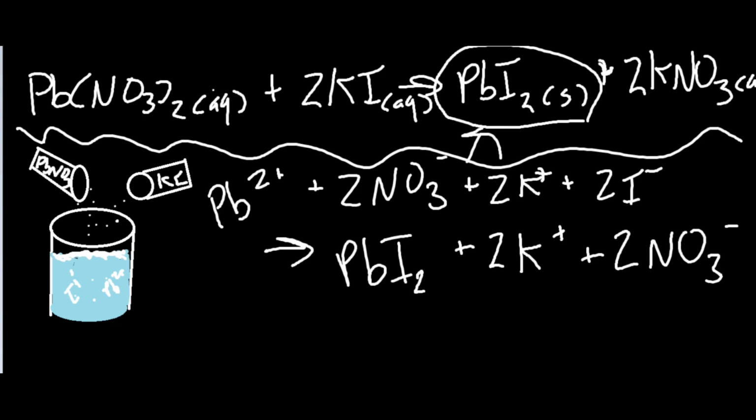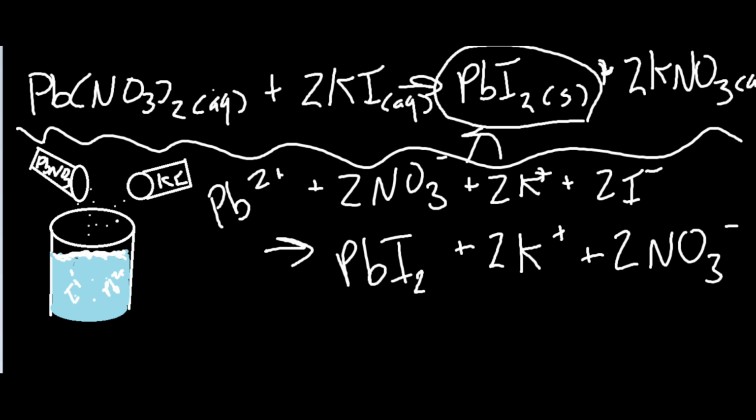As we can see in this complete ionic equation, the lead and the iodide ions are the only ones undergoing a reaction, where they change state or change their molecular formula. Therefore, we consider everything else besides the lead and iodide ions as spectator ions.